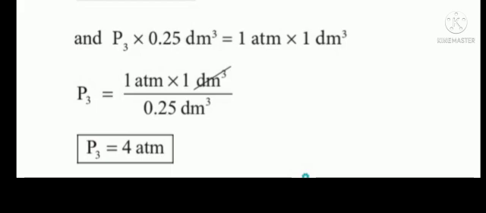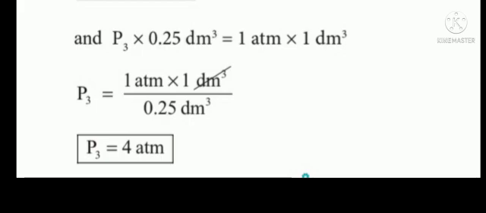Next, we have to calculate the P3 value. For that, take V1 P1 and V3 P3 values. P3 into 0.25 decimeter cube is equal to 1 atmosphere into 1 decimeter cube.